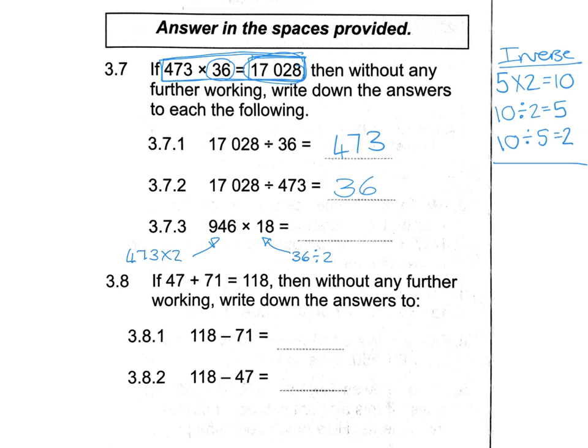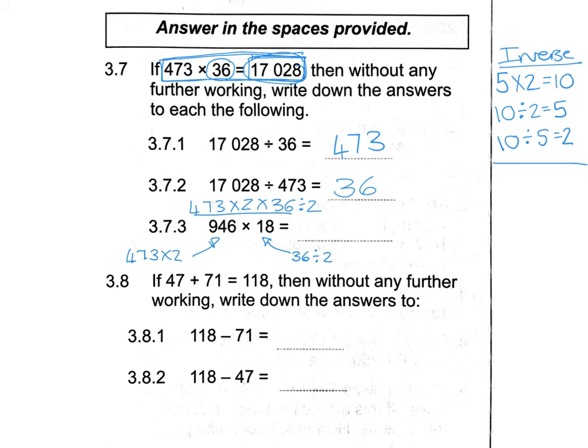Let's rearrange this quickly. I just want to show you what this can do. In other words, if I break this up, I can say 473 times 2 times 36 divided by 2, right? But remember we said we can rearrange these because the order in which we multiply doesn't matter. So let's just quickly rearrange these a little.